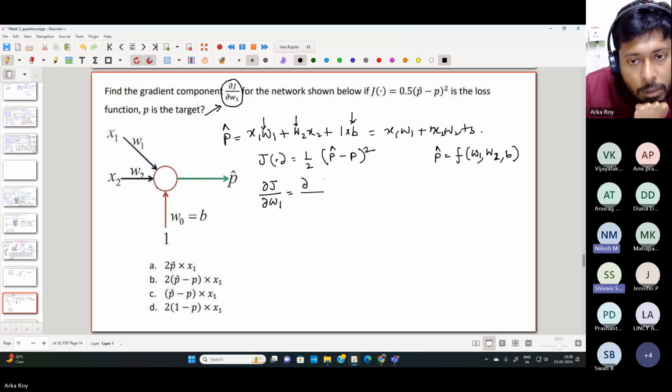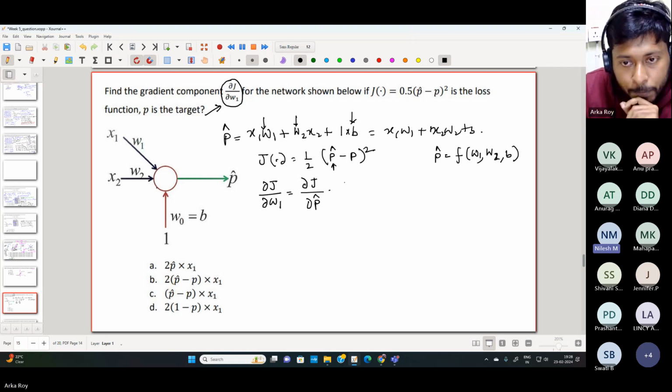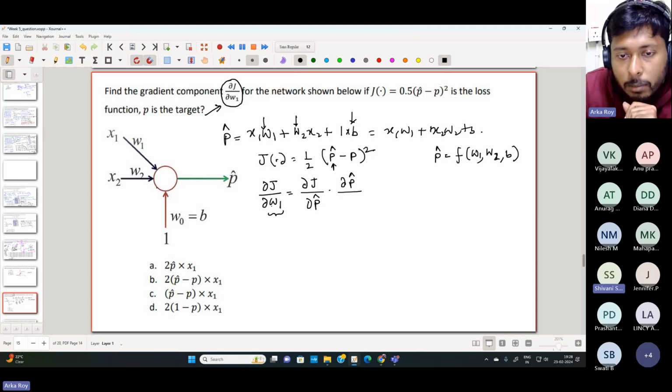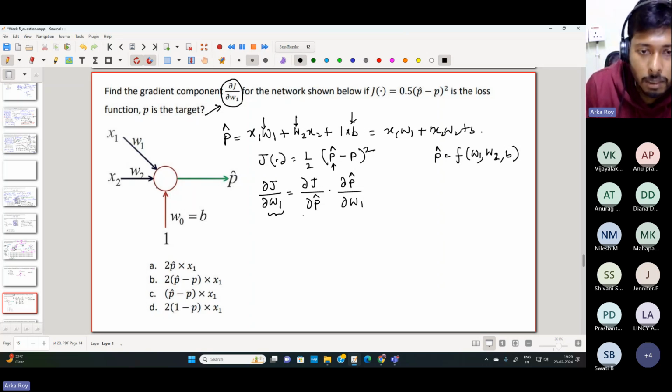Del J by del P hat, because P is the target and your output is P hat, then del P hat by del W1, since you have to take the gradient with respect to W1. So this is the chain rule for this particular case.